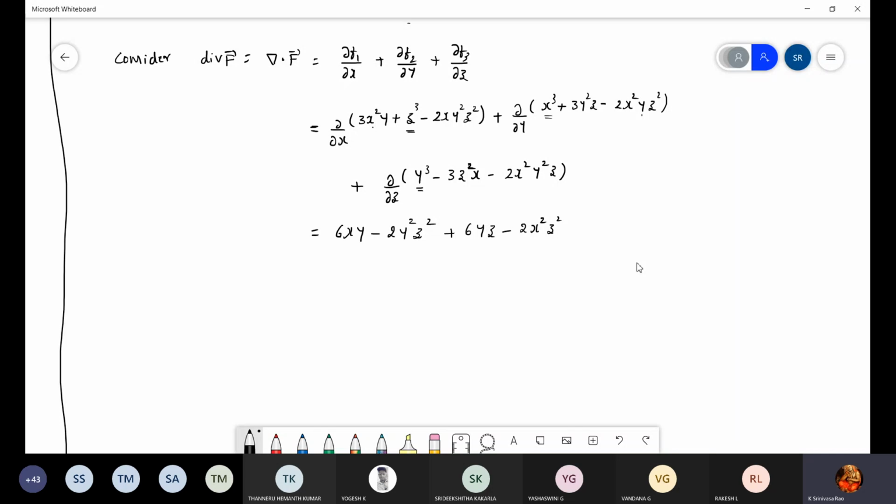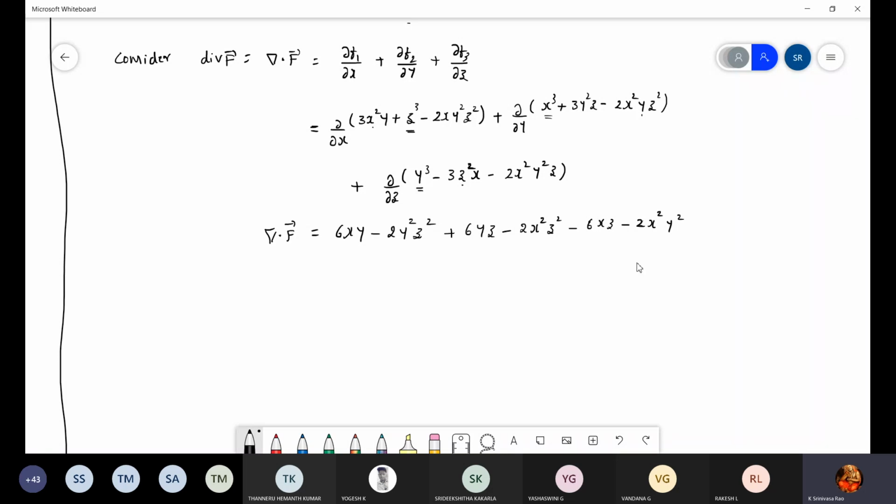Here negative is there, so this comes minus, z square differentiation is 2z, 2 3 is 6zx, minus 2x square y square. This is div. Is there any cancel here? No, all are different terms.